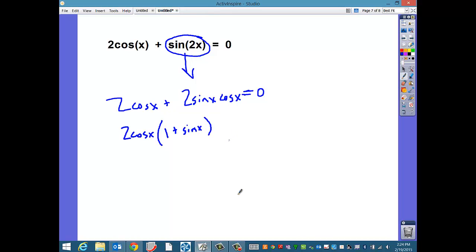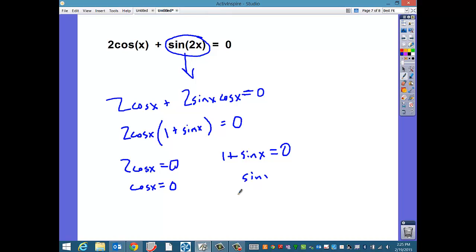We can take it out of both. And then use the zero product property. 2 cosine x can be 0, and so can 1 plus the sine of x. So then we divide by 2, and we have cosine x is 0, and we've already written out the solution set for that twice, so you know what it is.